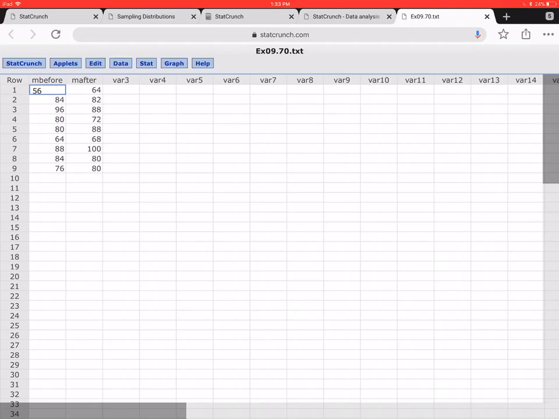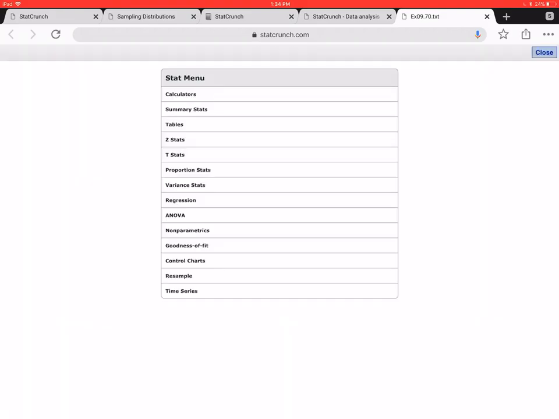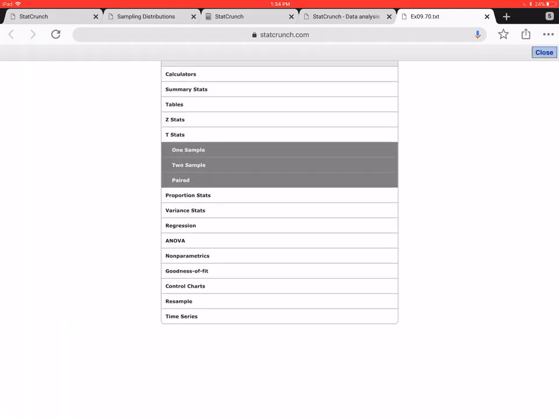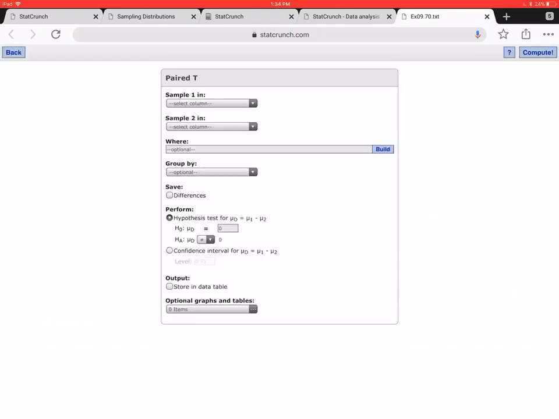But once you've got it open, now this is different. We have actual data for this. We have all of the before and all of the after measurements. So this is one of the very few times when we go in and we go to T-Stats and you choose paired. Notice it doesn't even give you an option for do you have data or do you have a summary.